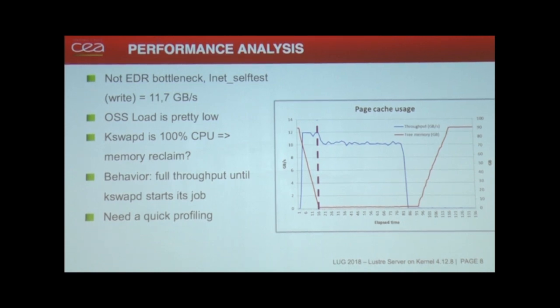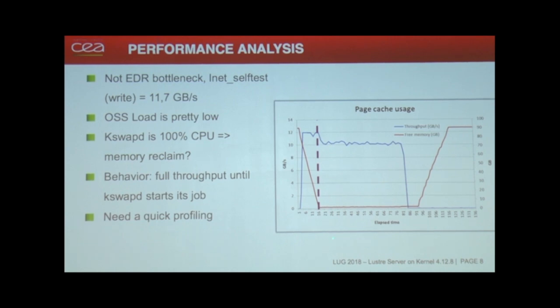What we can see is I have written a small graph here that shows the running IOR in time, and in red the memory fill up. You can see here that we have 19 gigs of memory.